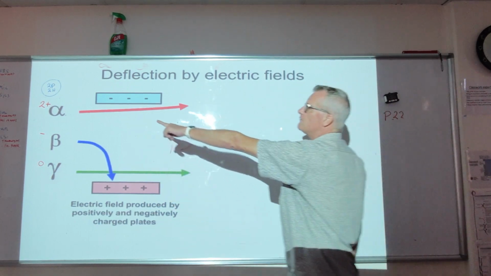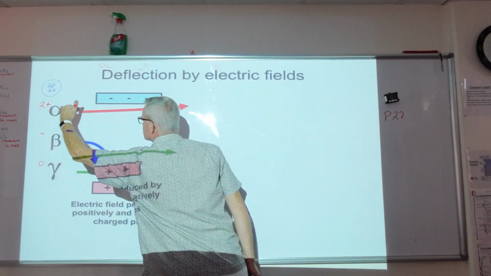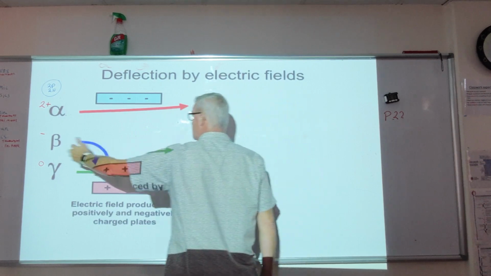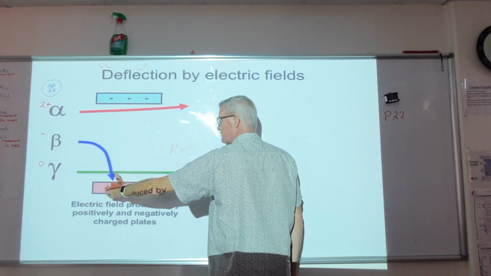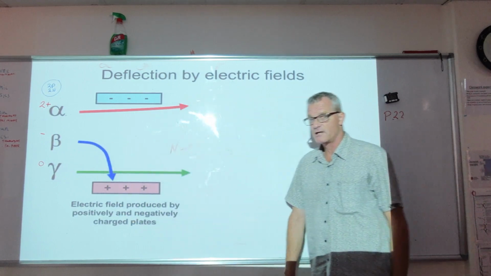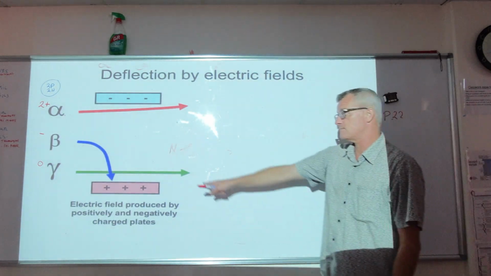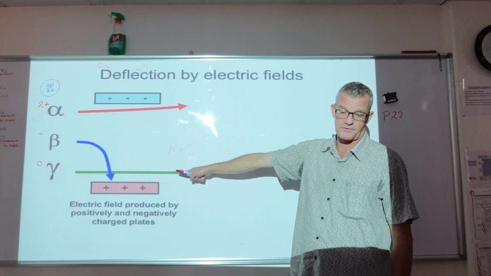Now, the alpha is plus, so it is attracted to the negative plate, so it's going to bend upwards. The beta particle is negative, so it's going to bend to the positive plate. Remember from electrostatics, plus and minus attract. And again, gamma is going straight through.